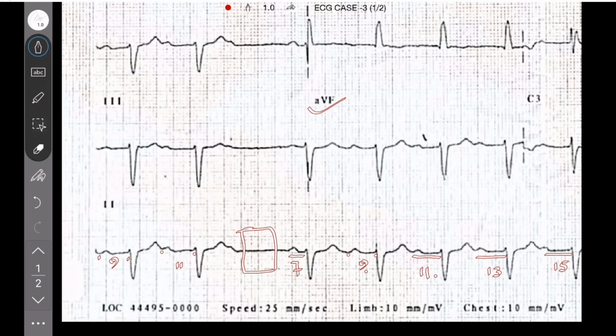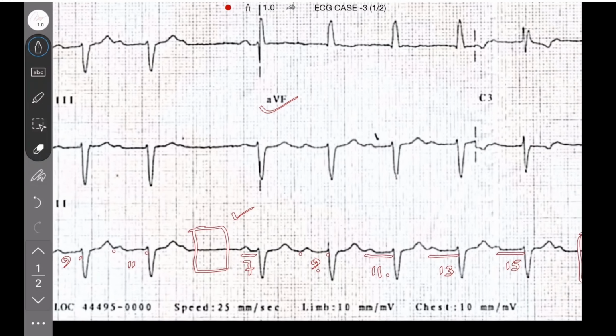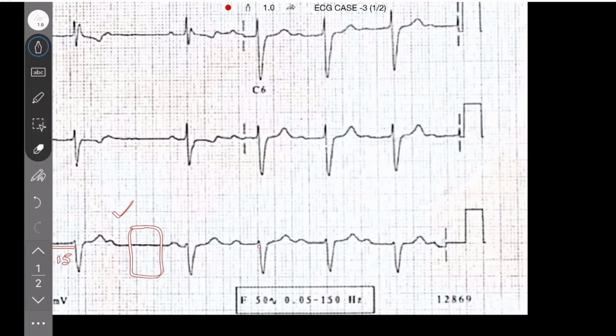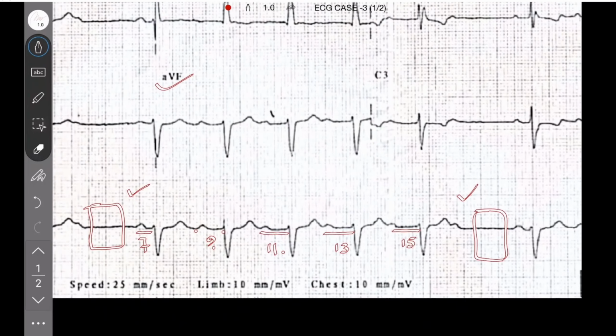Progressively increasing the PR interval, then skipping a beat. Here also progressively increasing the PR interval, then skipping a beat. Like that. It is an irregular rhythm.